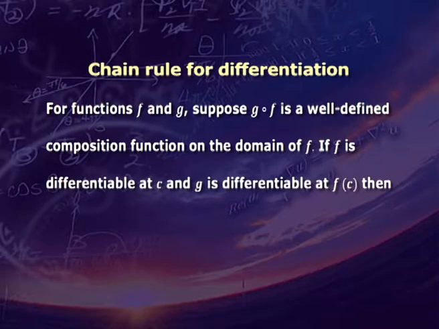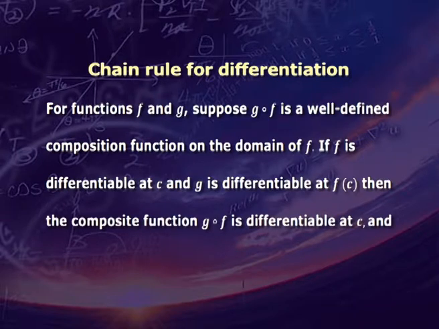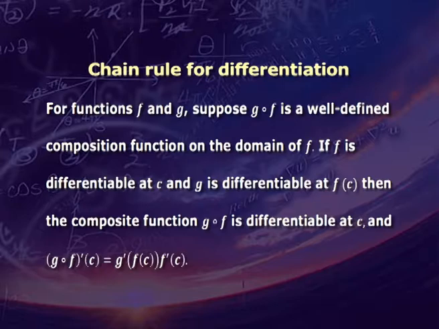If f is differentiable at c and g is differentiable at f(c), then the composite function g composition f is differentiable at c, and (g composition f)'(c) is equal to g'(f(c)) multiplied to f'(c). The chain rule is very useful to simplify the calculations on numerous occasions.